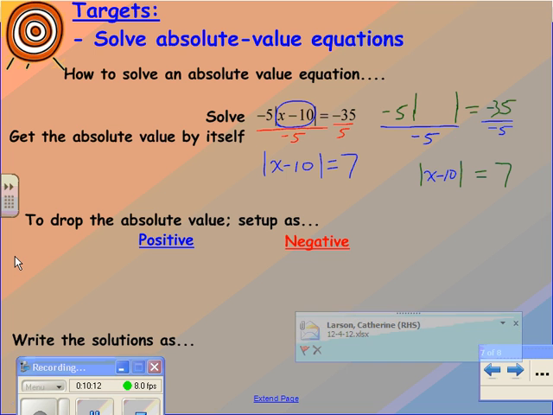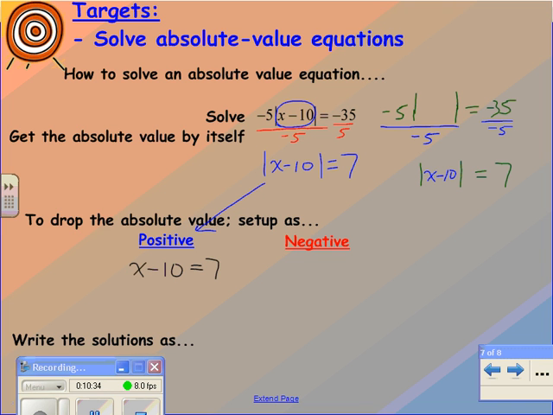So again, to drop the absolute value sign, I am going to make my positive over here. And I'm going to rewrite this without the absolute value sign now. So I'm going to say this is x minus 10 is equal to 7.